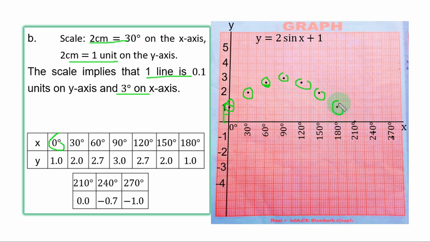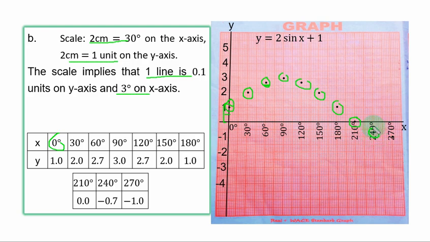When s is 210 degrees, y is 0. You plot that point directly on the x-axis. When s is 240 degrees, y is minus 0.7. After the 0, you count 7 lines downward. That is minus 0.7. That is somewhere here.